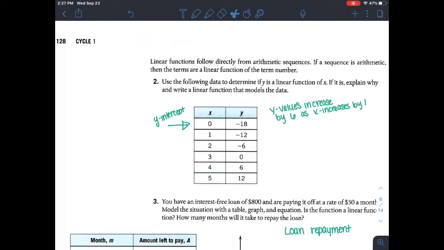So as x values increase by 1, y values increase by 6. So yes, this is a linear function. I can write it as y equals -18 plus 6x. Similar to y equals mx plus b, you'd have y equals 6x minus 18. Same thing.